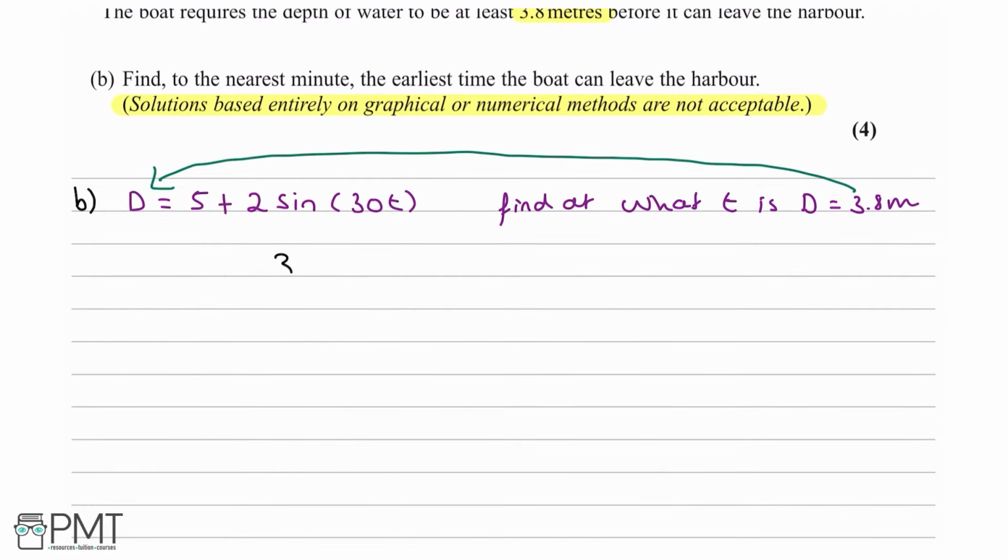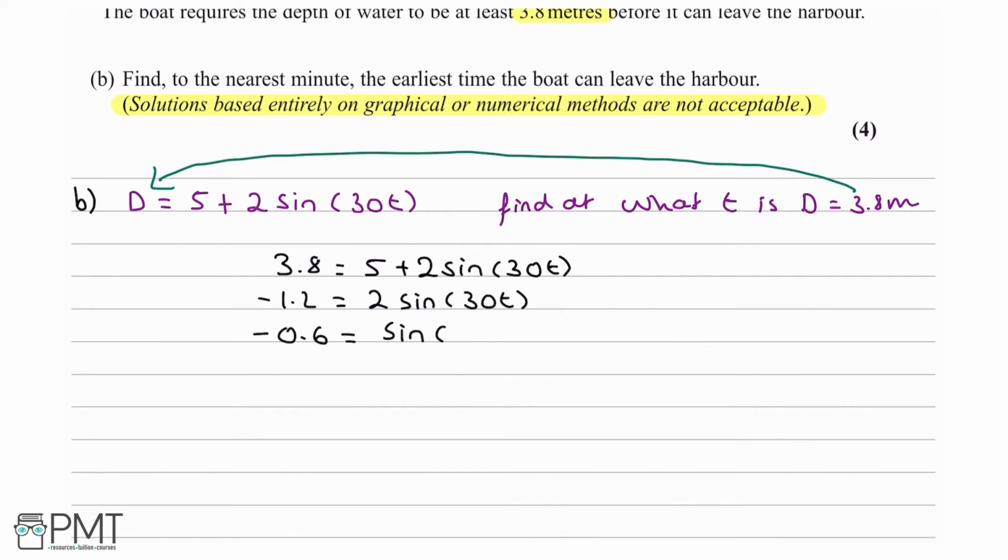We're going to say 3.8 equals 5 plus 2 sine 30t, like that, okay? I'm going to bring the 5 to the other side, so we're going to have 3.8 minus 5 is minus 1.2 equals 2 sine 30t. I'm going to divide both sides by 2, so you have minus 0.6 equals sine 30t, like that.